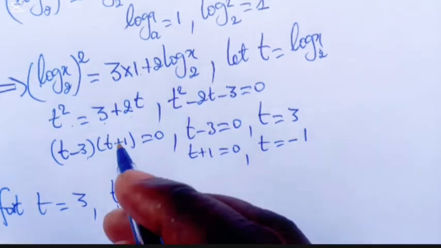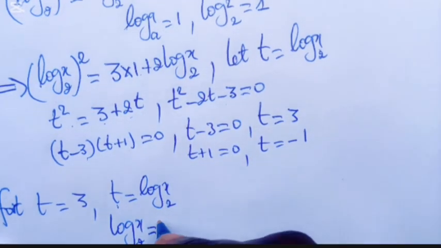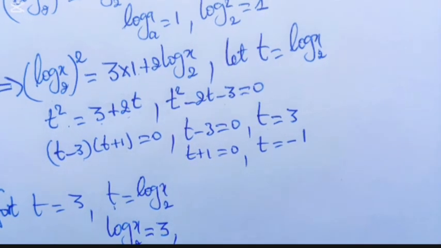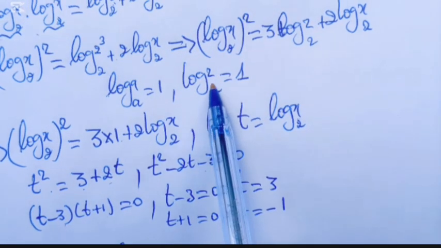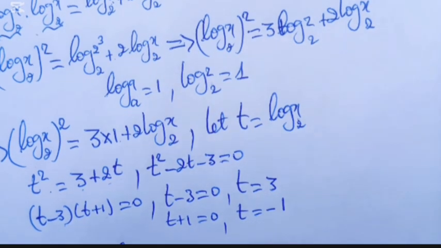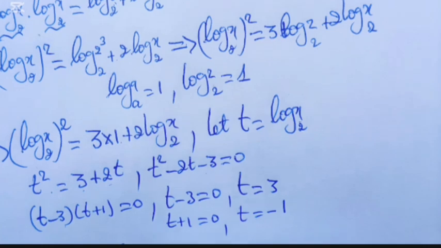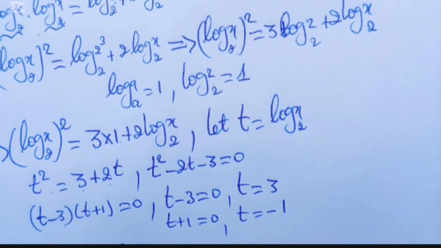This is going to be log x base 2 equal to 3. Remember that 1 is log 2 base 2. That's why log x base 2 will be 3 times 1, and remember, 1 is log 2 base 2. We need to take this 3 to be the power of 2. Now, log x base 2 is equal to log 2 power 3 base 2.